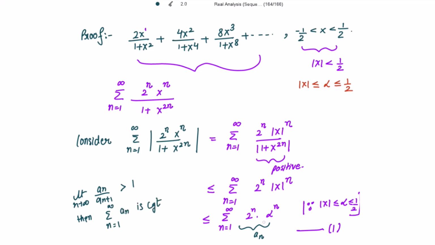That is, then this summation 2 to the power n into alpha to the power n is convergent. So let an be equal to 2 to the power n into alpha to the power n, and an plus 1 becomes, just replace n with n plus 1, so it becomes 2 to the power n plus 1 into alpha to the power n plus 1.